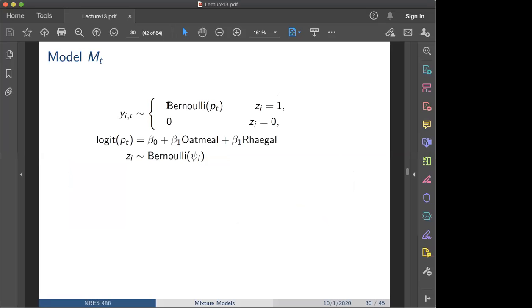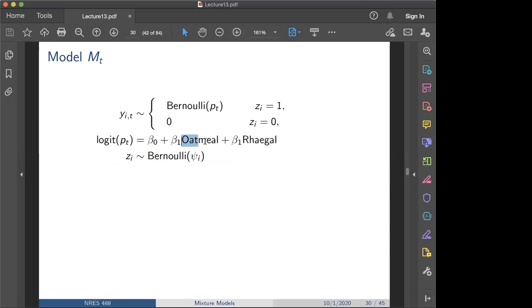Well, the way we do that is very similar to the framework we've already established for generalized linear models. We have P of T, which has to be between 0 and 1 because it's a detection probability. And we can assume that the logit of P of T is associated with these covariates. Beta 0 represents our baseline P. That is for the Life Aquatic.